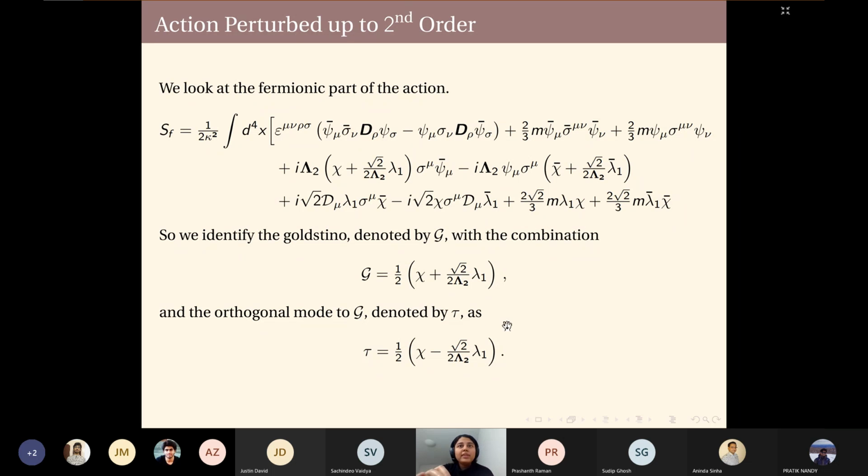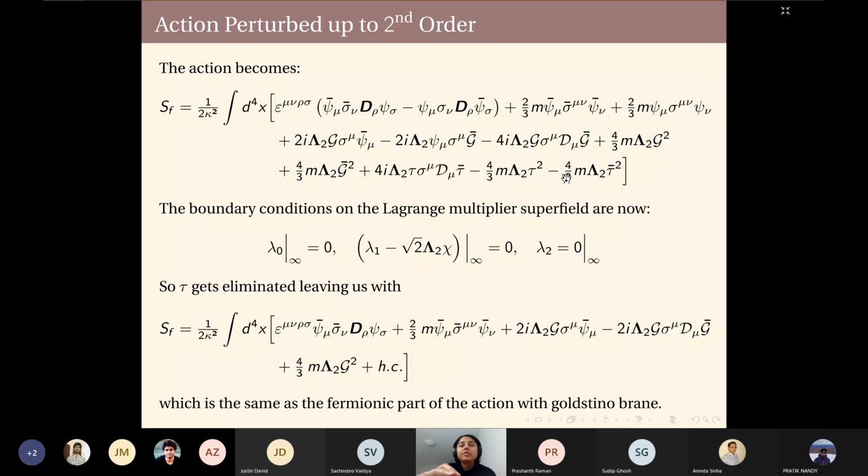After performing these field redefinitions and rewriting the action, the field tau completely decouples from the Goldstino G. Using the boundary conditions, it is also possible to completely eliminate the field tau, since it vanishes at the boundary. So we are eventually left with this action for the fermionic part.